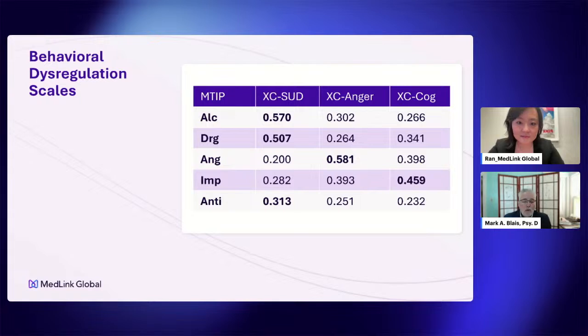They don't have an impulsivity scale, but we use the cognitive scale as its comparator, and it correlated at 0.45 with the cognitive scale. Antisocial really is not represented in the screener, but it did have its highest correlation to substance use, which is a known comorbid condition with antisocial behavior.